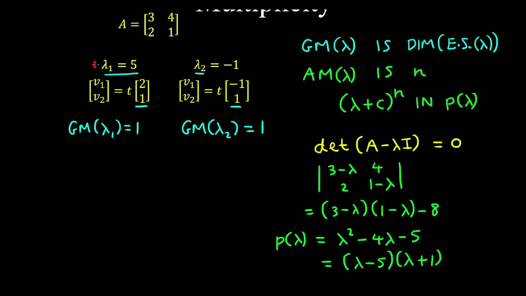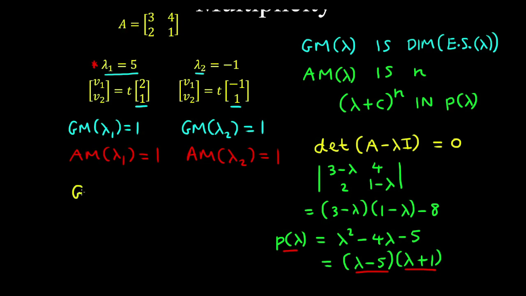So in this case, lambda 1 appears once as a factor in the characteristic polynomial. So the algebraic multiplicity of lambda 1 is also equal to 1. And lambda 2 also appears once as a factor in the characteristic polynomial. So the algebraic multiplicity of lambda 2 is also 1.